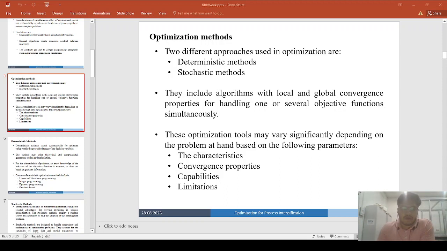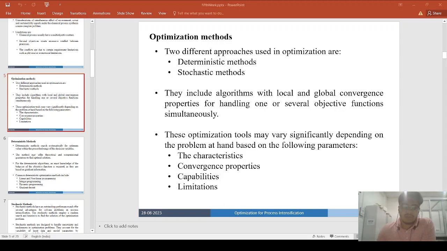Now let us go to the optimization methods. What are the different methods available to perform optimization for chemical process design? The two broadly available approaches used in optimization are deterministic methods and stochastic methods. All optimization techniques can be broadly classified into these two approaches.